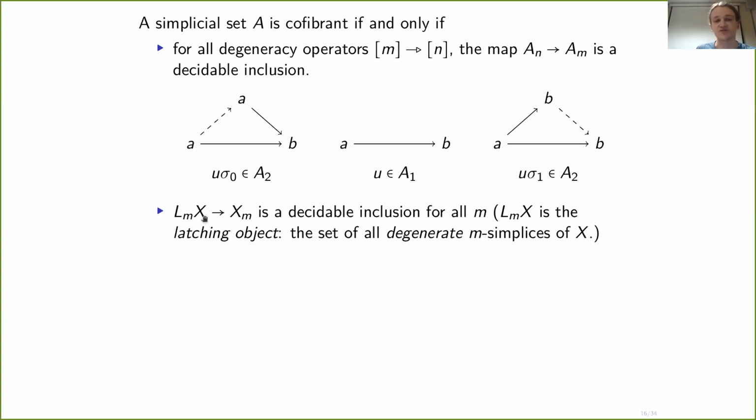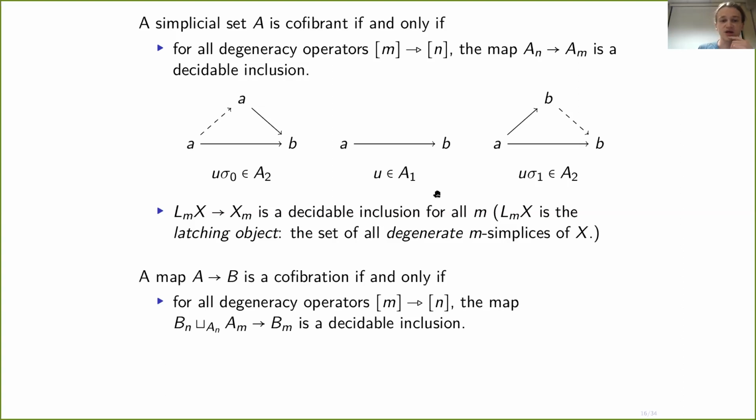So the latching object in this context is just going to be a subset of all degenerate M simplices of X. If you are familiar with the notion of a Reedy cofibration, you are kind of seeing that what I'm doing is lifting this factorization system of decidable inclusions and split surjections on sets to a Reedy factorization system on simplicial sets. That's what's happening in the background. And indeed, it is also true that a map is a cofibration if and only if this sort of relative thing is a decidable inclusion.